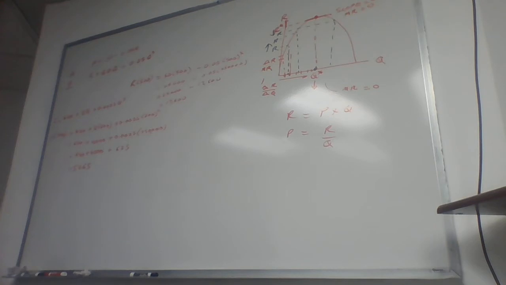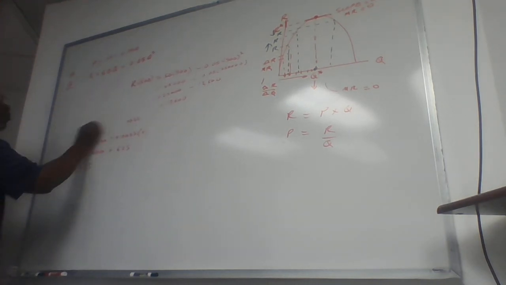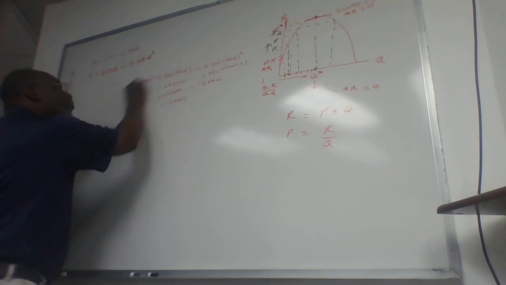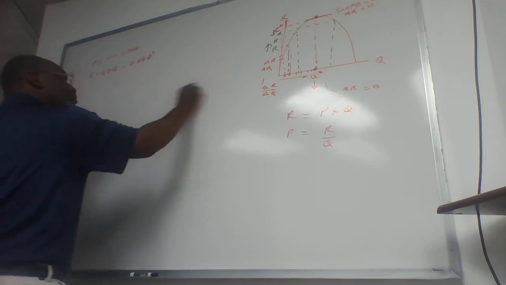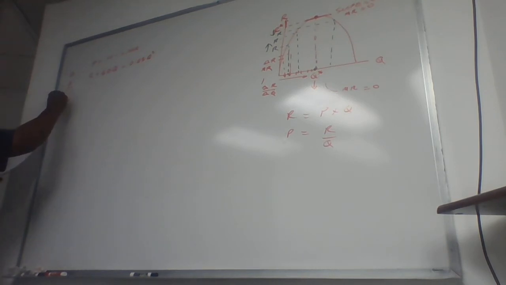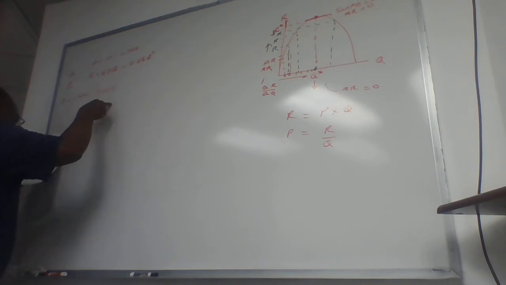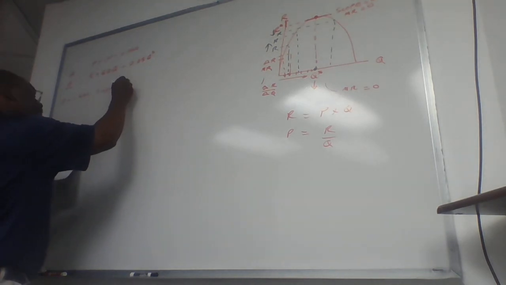To find the total profit when we're producing 400 units, we take that 400 and put it everywhere we see Q in our profit function, minus 640 plus 42Q minus 0.0525 Q squared.